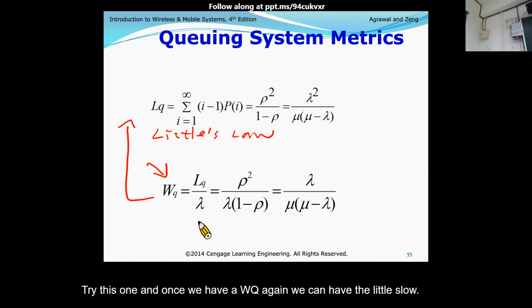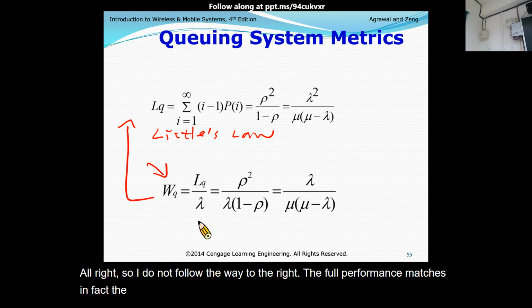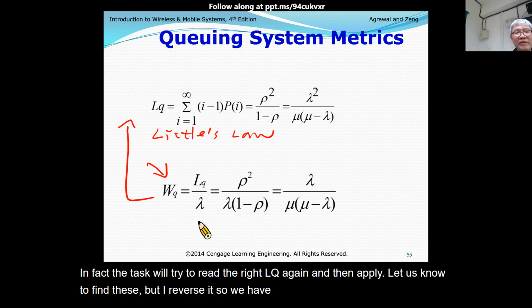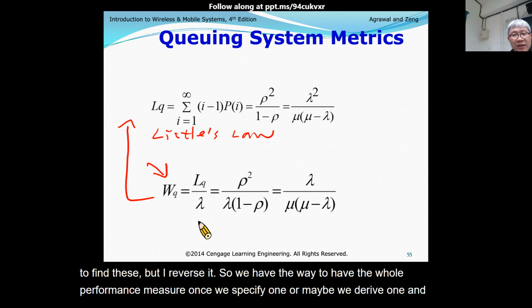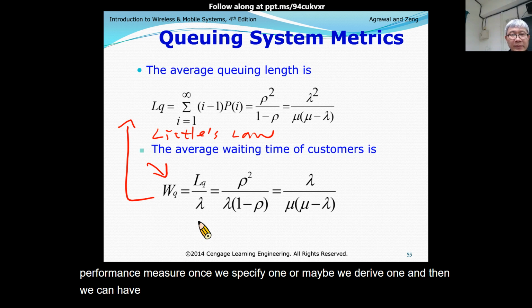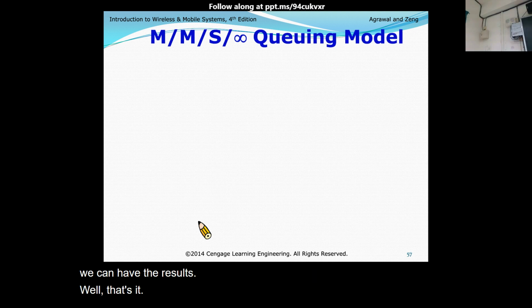In fact, the usual approach will try to rewrite LQ and then apply Little's law to find this, but I reverse it. So we have a way to get the full performance measures once we specify one, or maybe derive one, and then we can have the results. Well, that's it. So that's M/M/1.